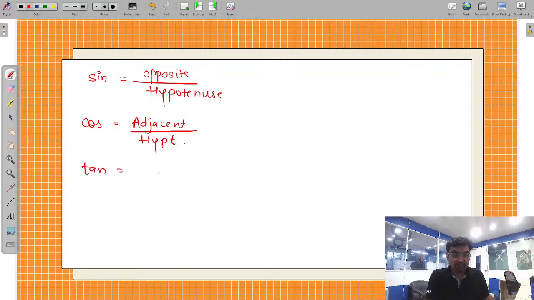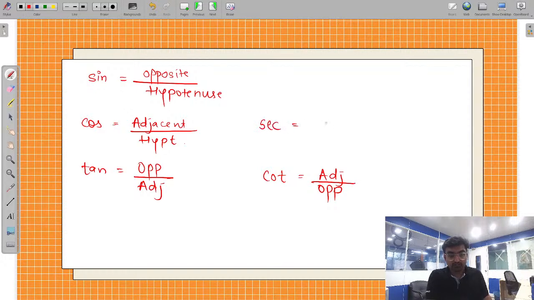Tan is opposite upon adjacent. Cot is adjacent upon opposite. After that comes sec, which is hypotenuse upon adjacent. And last is cosec, hypotenuse upon opposite side.